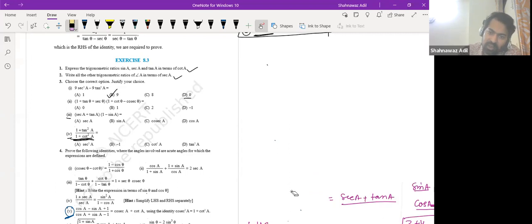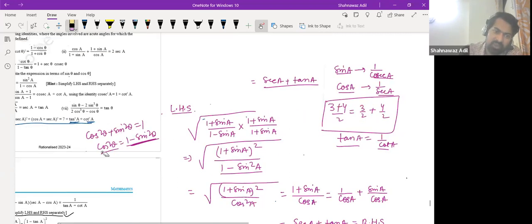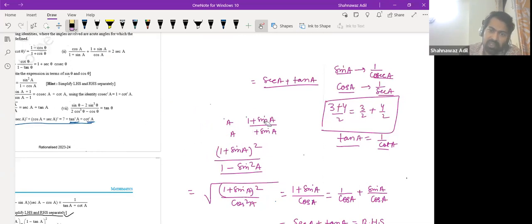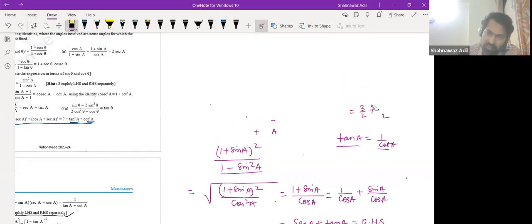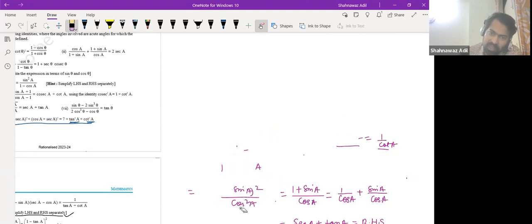Whenever these kinds of questions are asked, first we calculate those things which we can calculate directly. So what is the thing that we can calculate directly?